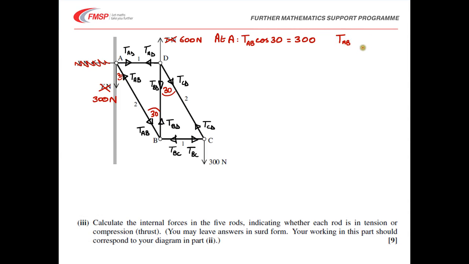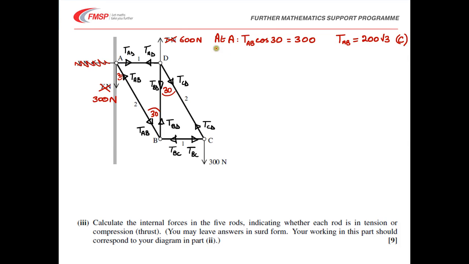Using cosine 30 as root 3 over 2, that's going to give me TAB is 200 root 3. And we said that that had to be a thrust, so I'm going to put C in brackets here, C for compression.